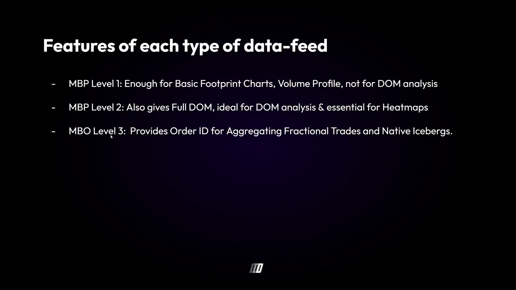Level 3 data is crucial because it provides order IDs that allow our technology to aggregate fractional trades and native icebergs, which we'll get deep into in the next lessons.